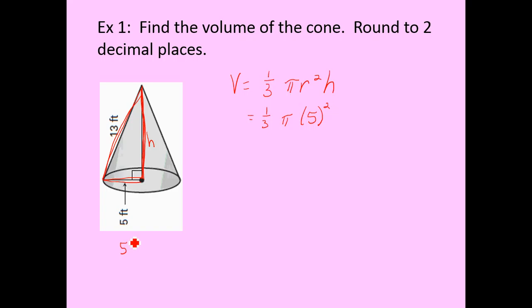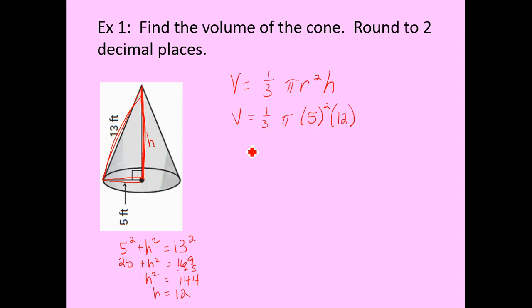So we'd say 5 squared plus h squared, because those are the two legs of the right triangle, equals the hypotenuse squared. So 25 plus h squared equals 169. When you take 169 and subtract 25 from it, you get 144. So h would be 12 when you take the square root. So we have the h measurement of 12.